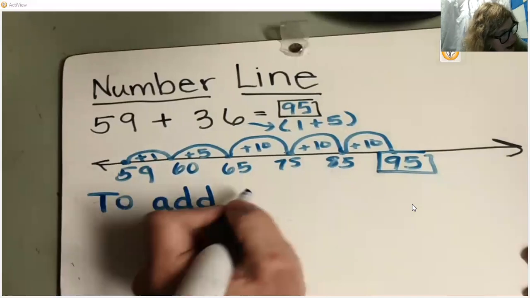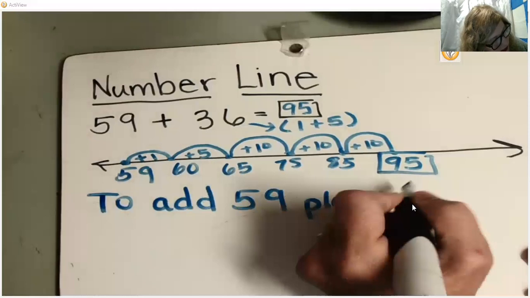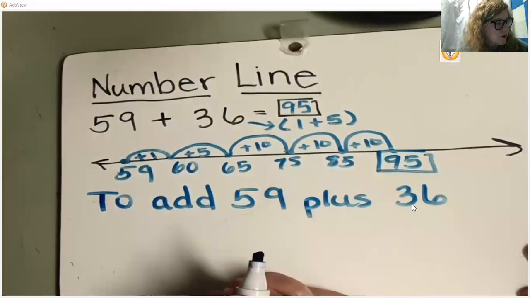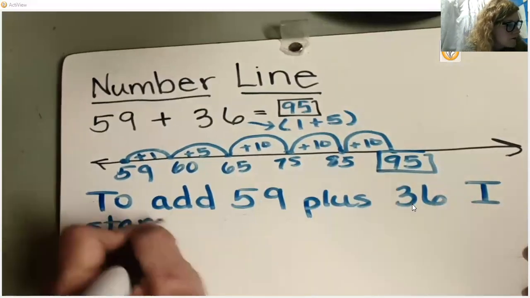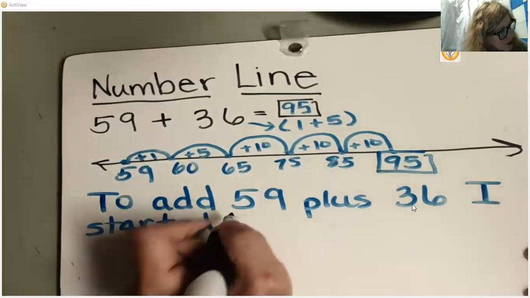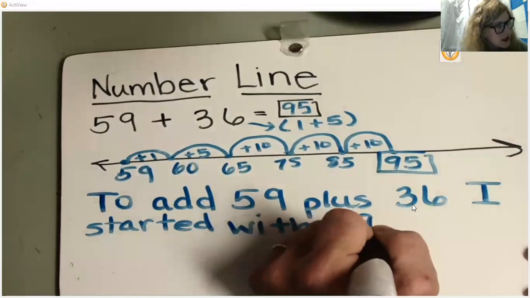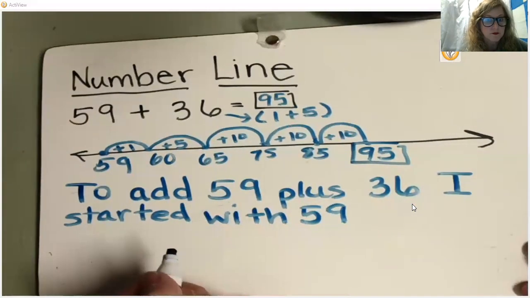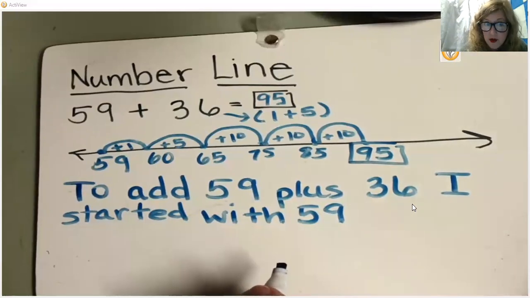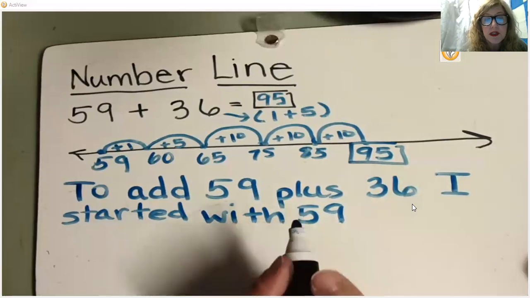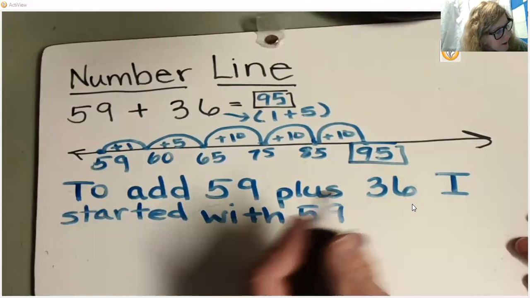To add 59 plus 36, I started with 59. And you might want to put because it is the bigger number. That's a great detail to add in there. But you at least need to put that you started with 59.